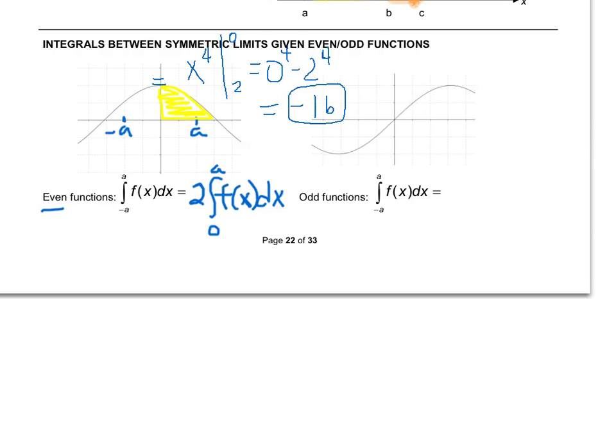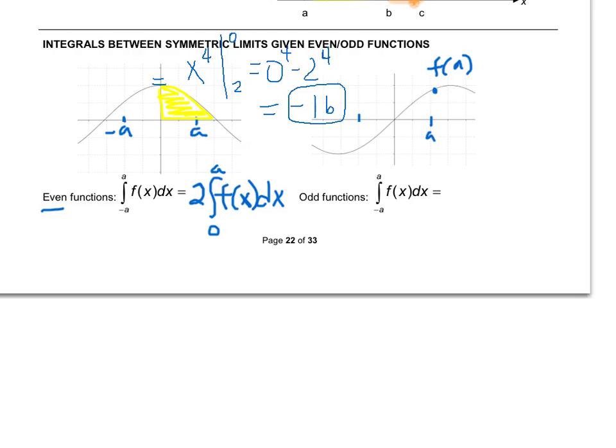Now, on the flip side, an odd function is one that has origin symmetry. Origin symmetry means that when you go to a value, let's say we go to x equals a, this would be f of a.